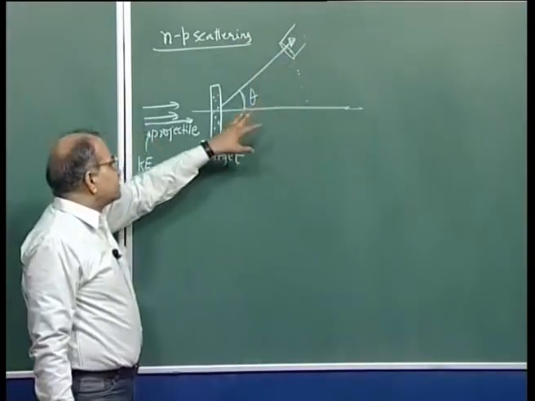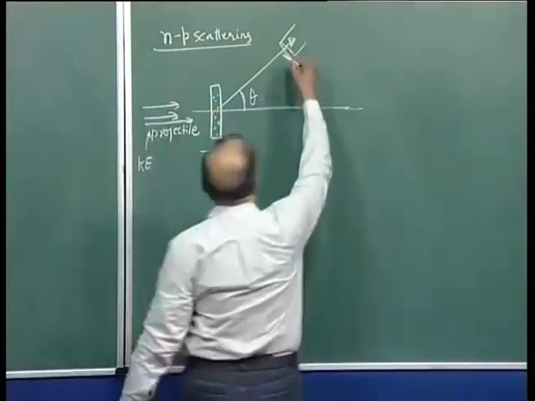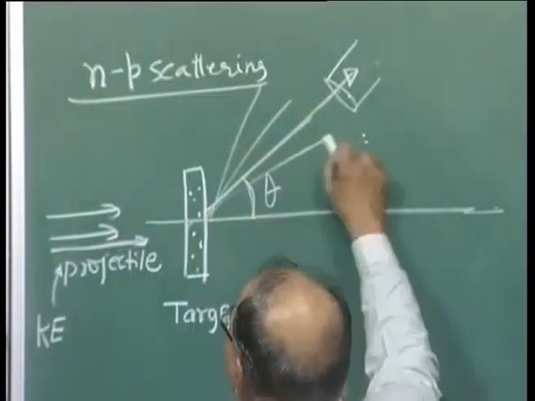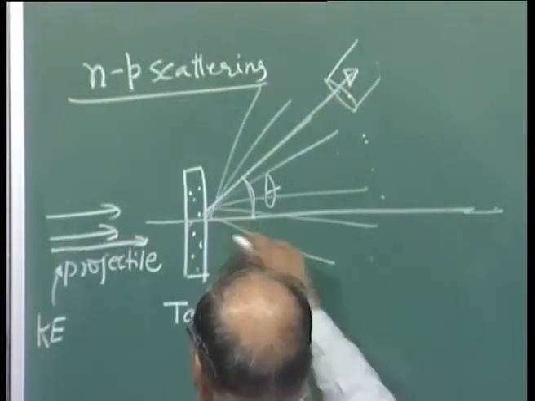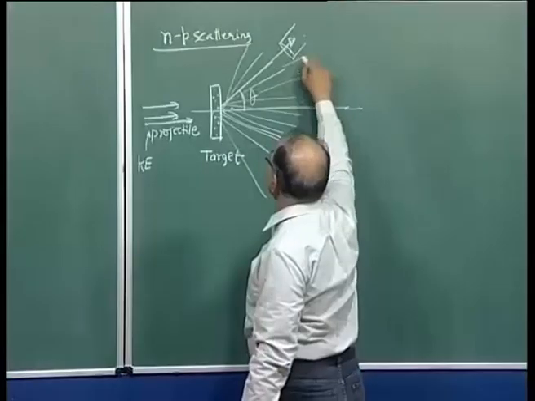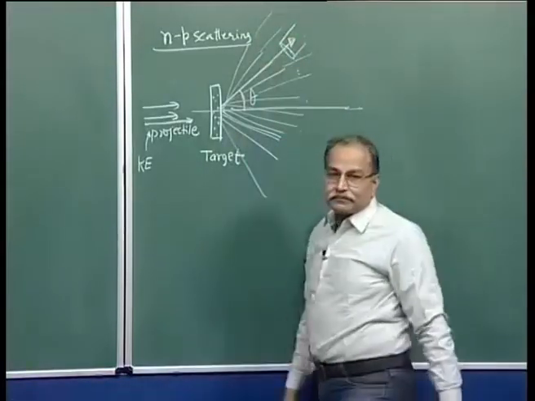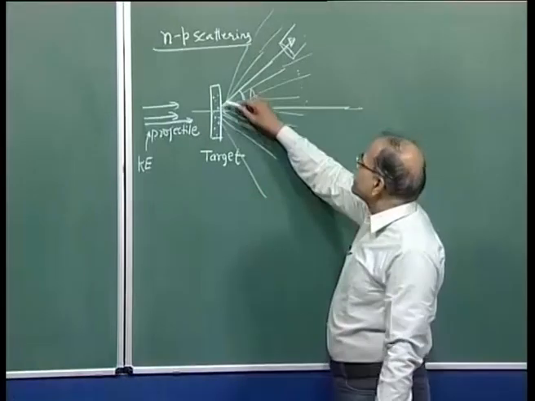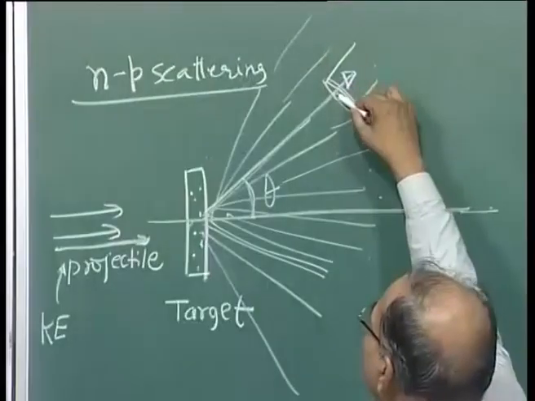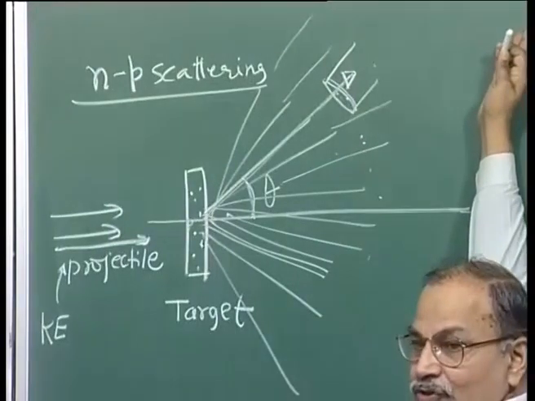Similarly, the other is the distance. These particles are going in all directions, not equally, some directions are preferred, some are less preferred, and so on. But in this direction itself, suppose your detector is placed at double the distance.